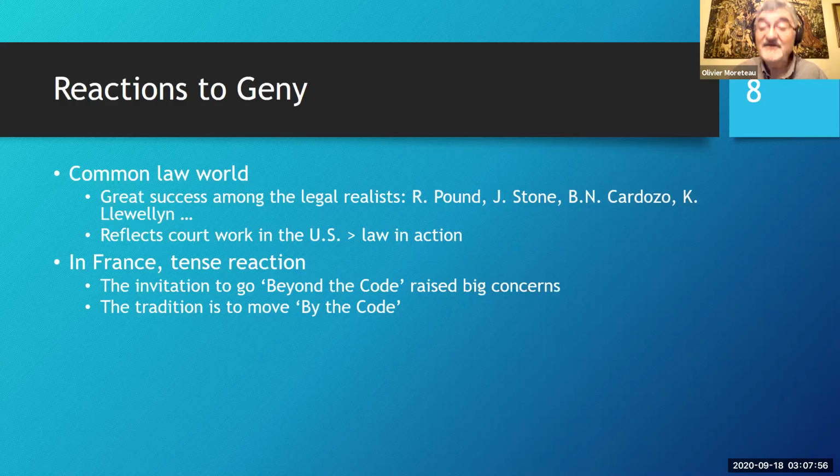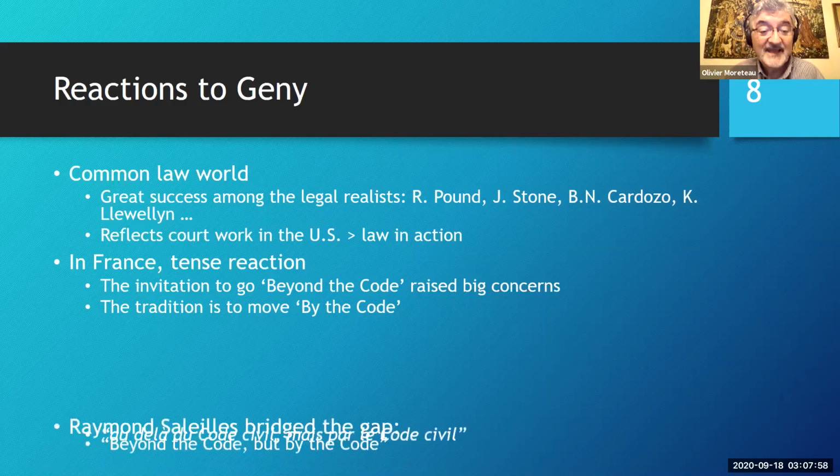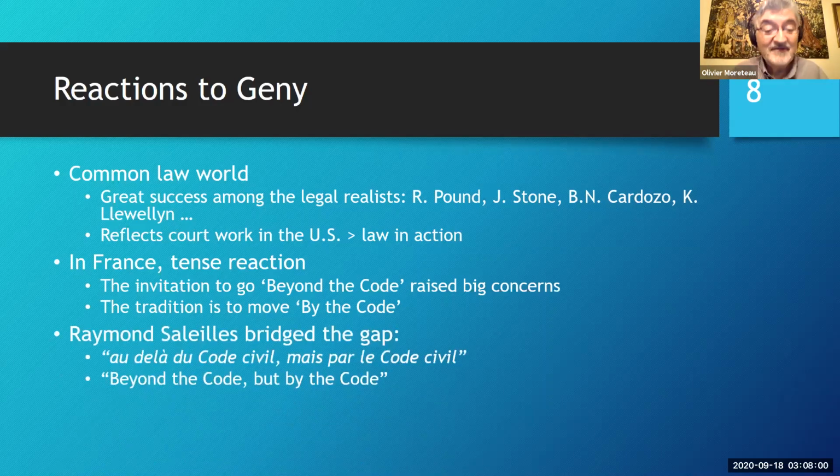The French felt uncomfortable. And one of them, a very talented scholar, Raymond Saleilles, who had been actually influential on the thoughts of Geny, tried to bridge the gap between the conservative and the more progressive-minded scholars. He has coined that phrase that you have here in French, au-delà du code civil, mais par le code civil.